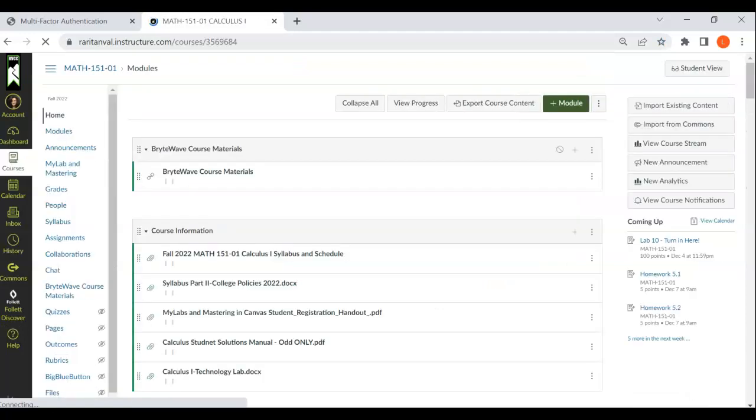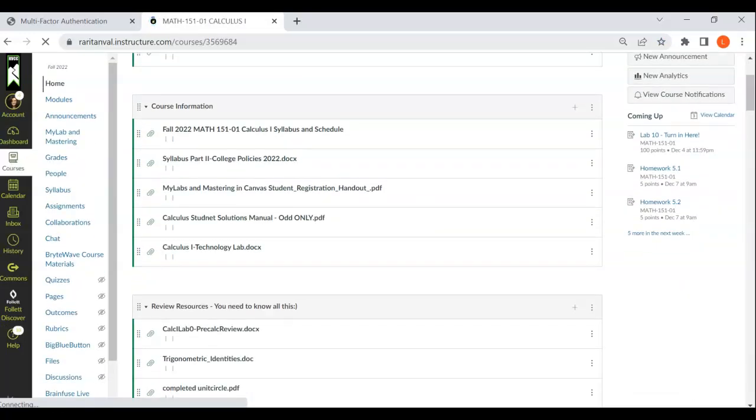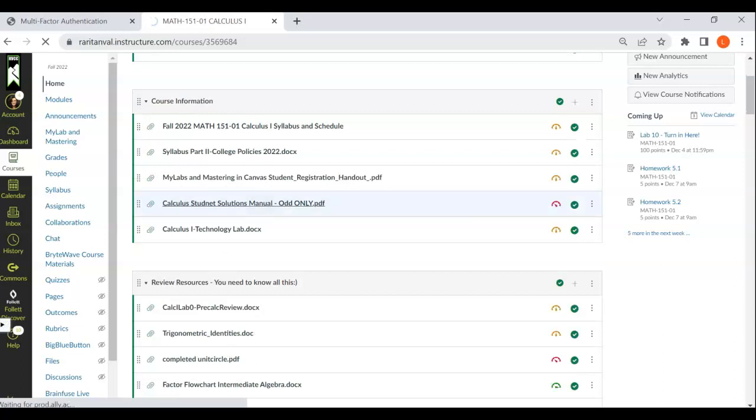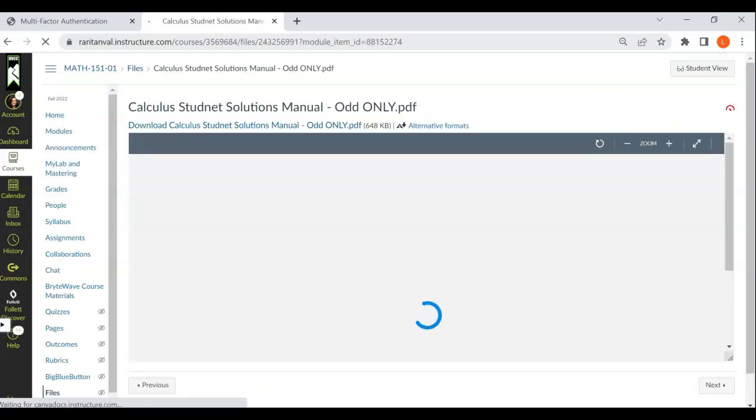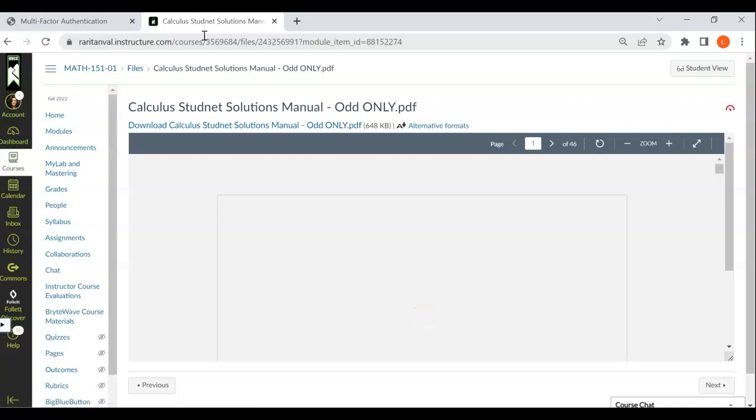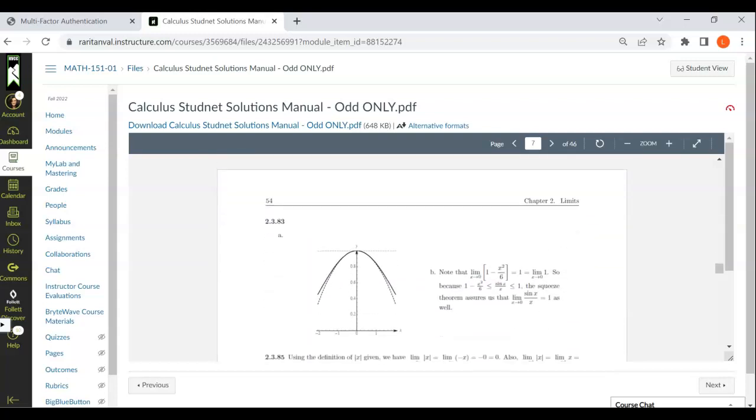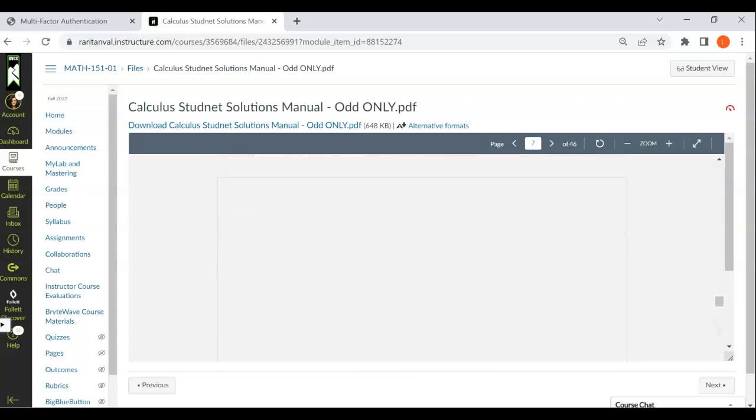Come on, open up. So what page did I say that was? Well, I'm never going to get to the actual page. 2.3.